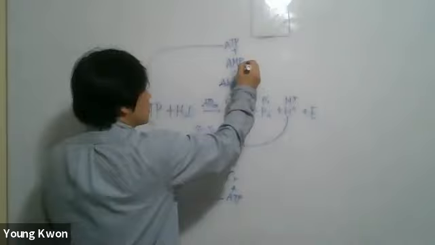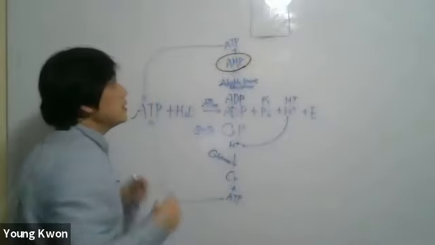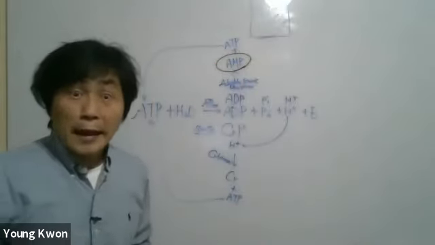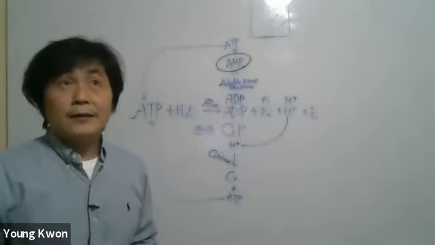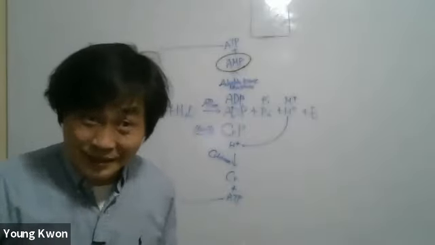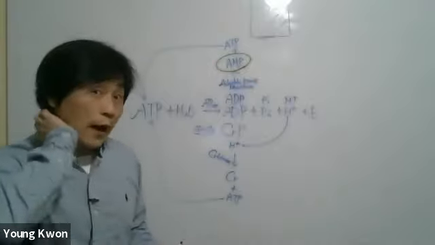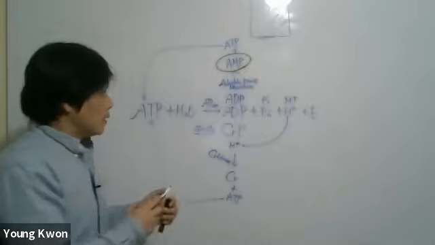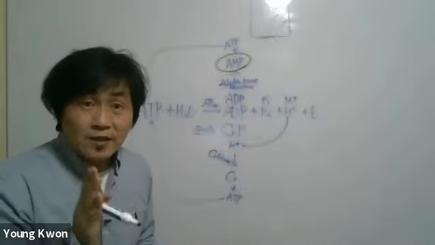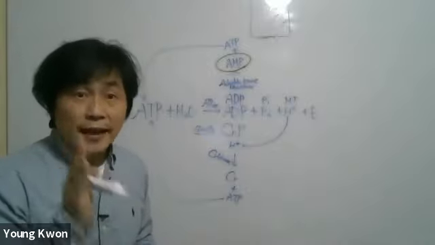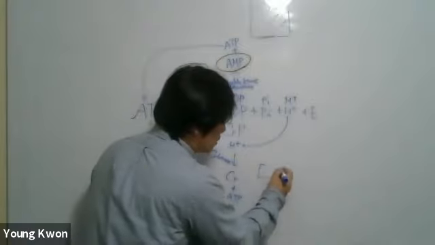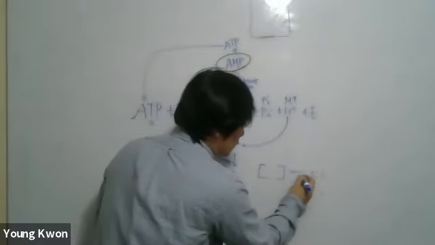So how about class? Please watch here. This AMP is important. At the same time, it should be gotten rid of. What does it mean? Why? Did you remember the mass action effect? High concentration goes to less concentration.